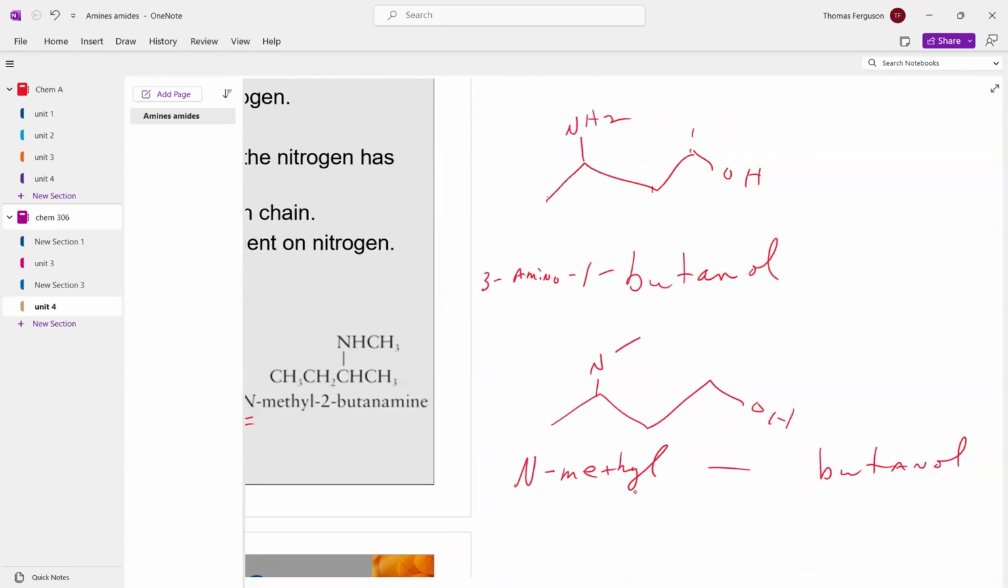Okay, so the big N is what's hanging off of the nitrogen.